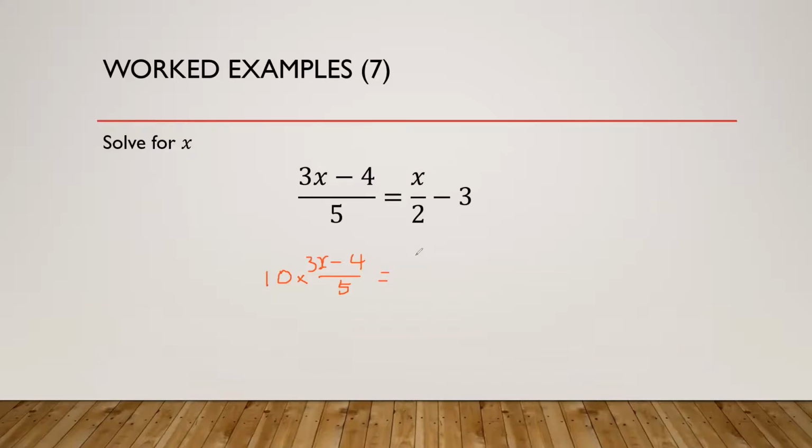Which means I'll multiply this by 10, and I'll multiply that by 10, which is 30. The reason why I've multiplied this lot here by 10 is because this is one term. This whole thing is considered as one term. These are two separate terms, but this is a single term. So I've got to multiply this lot together.